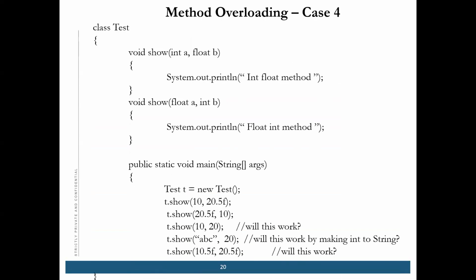Now, there's one more case, which is case 4. This is integer float, and this is very important, and float integer. Does anyone know what float is? We have not worked on float, right? Yes, a decimal kind of number.